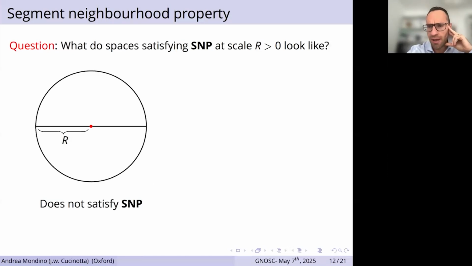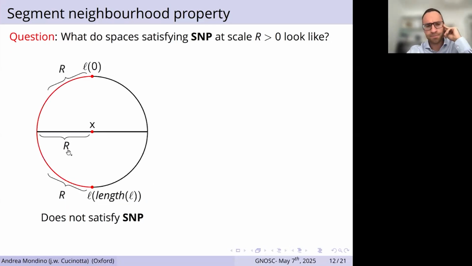So let's go back to the example that we saw in the beginning of this talk. Let's take this circle of radius R, and we add the diameter. Now this metric space is geodesic. It's very nice, but it does not satisfy the segment neighborhood property. Why?